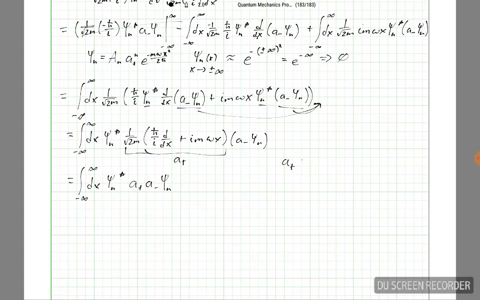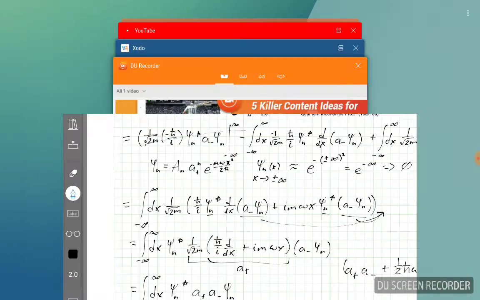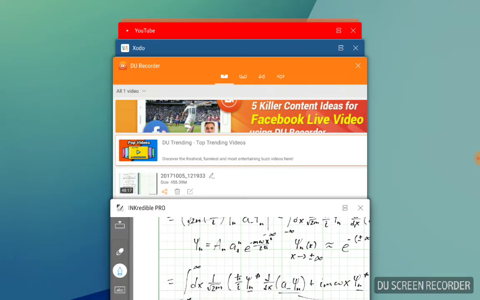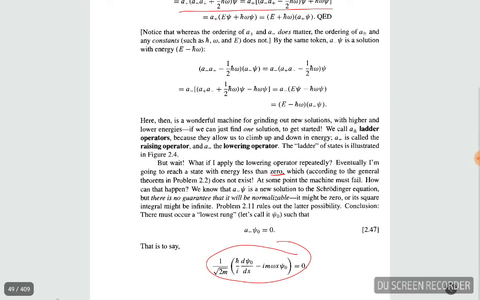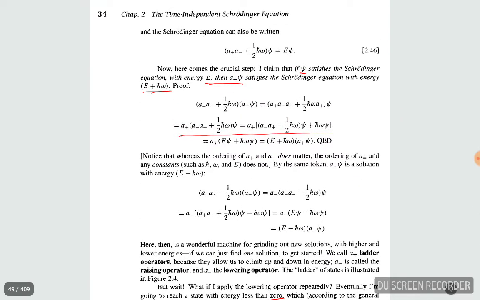So now we can use this result that we had in an earlier section about our raising operators and lowering operators and how they commute. So this is equation, I think 2.46. There we go.